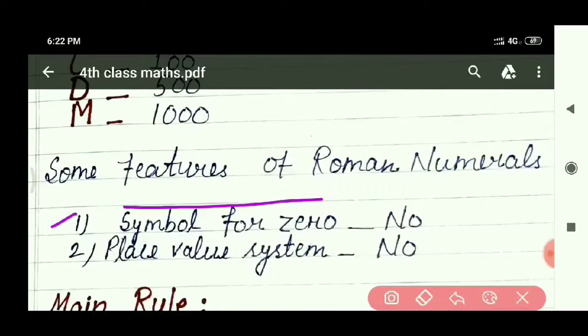For writing 0, there is no symbol in Roman numerals. Next, place value system. In Roman numerals there is no place value system and no symbol for 0 also. Remember it.